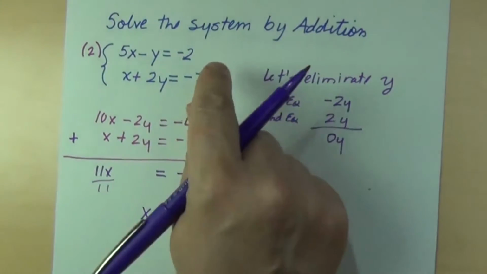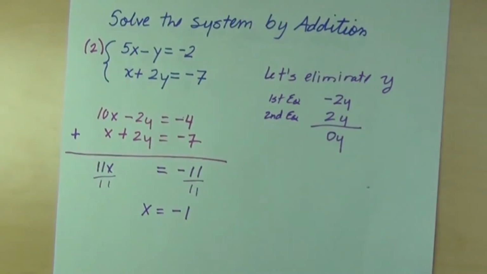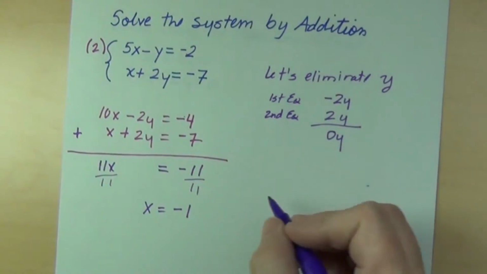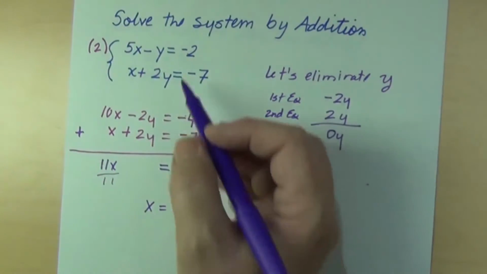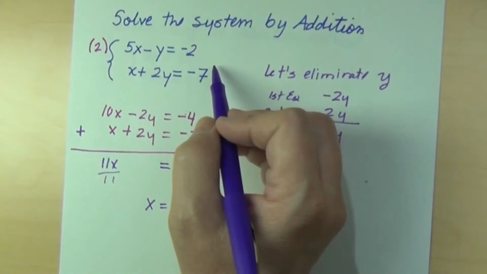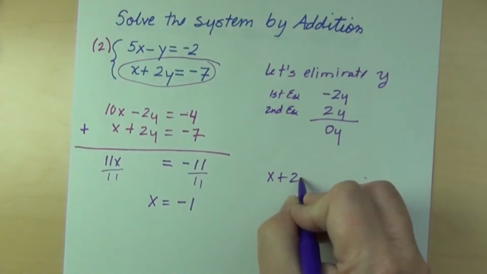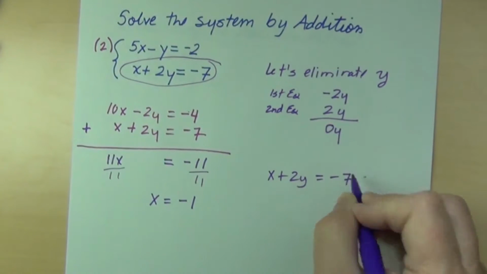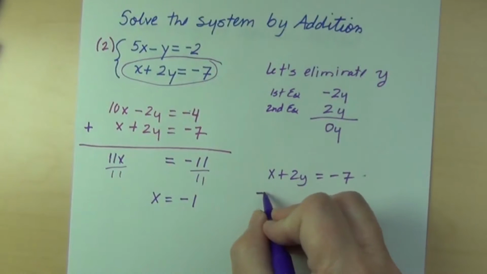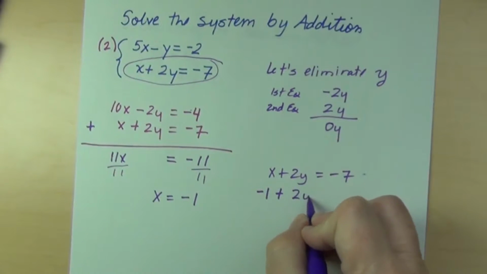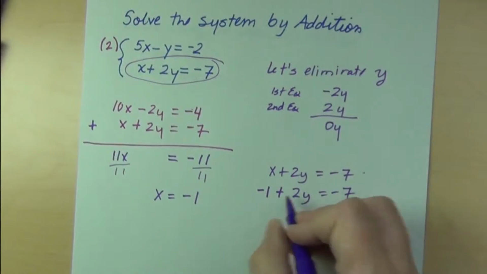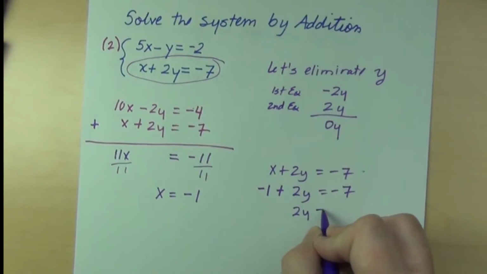Now, when we're trying to get the solution, we're looking for the point, so we need more than just the x. I'll pick either of the equations. I think I'll pick this one, x plus 2y equals negative 7. And I know that x is negative 1, so I substitute that in. Add 1 on both sides.